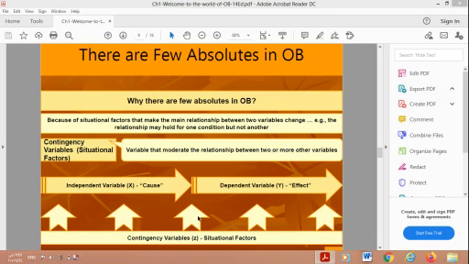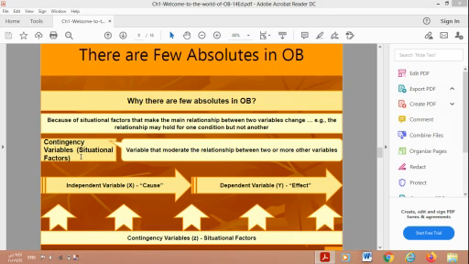There are many factors that affect this relation, which is called the contingency variable or the situational factors. Okay, so for that reason, there are few absolutes in organizational behavior.